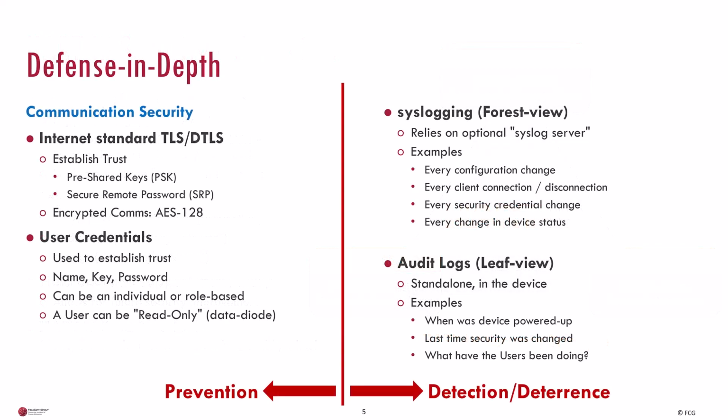Now let's look at the defense in depth in more detail. Communication security, of course, is based upon TLS and DTLS, and the cyber suites we use are pre-shared keys and secure remote passwords. Those are used at the beginning of the security negotiation to establish trust. The actual encrypted communication uses AES 128, which, by the way, is the same thing wireless HART uses.